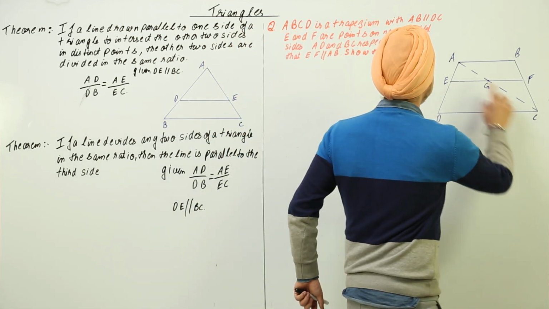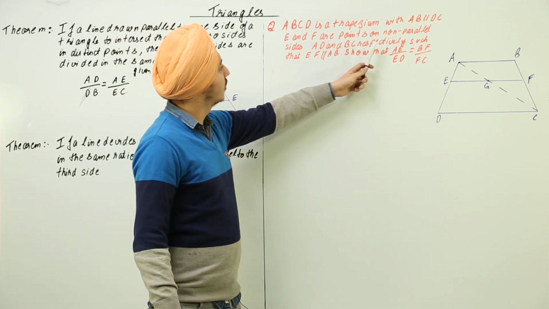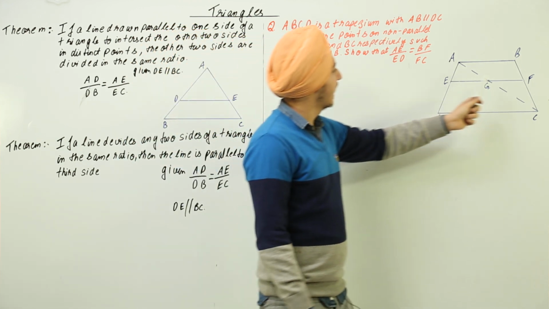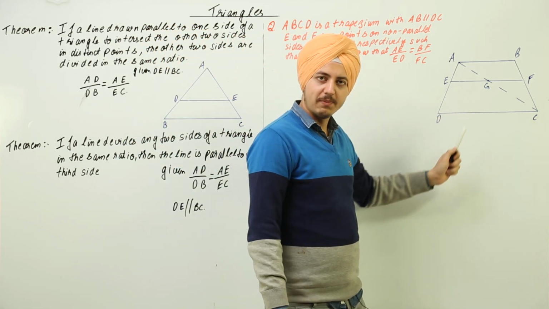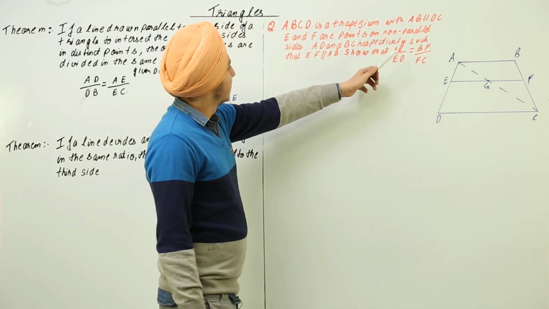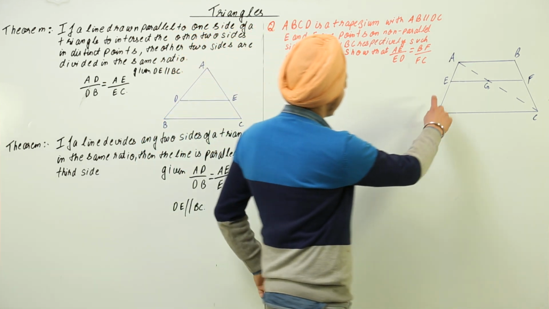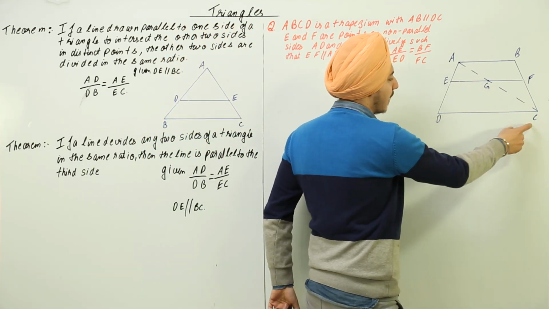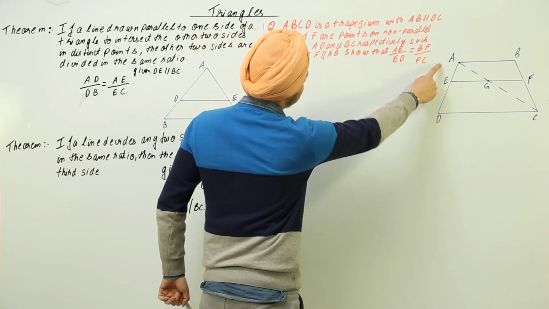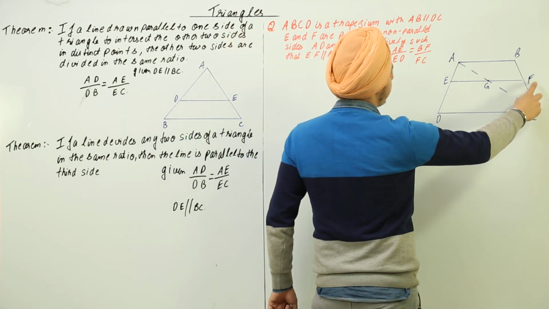E and F are points on the non-parallel sides AD and BC respectively, such that EF is parallel to AB, which is also parallel to DC, correct? Now we have to show that AE upon ED is equal to BF upon FC.